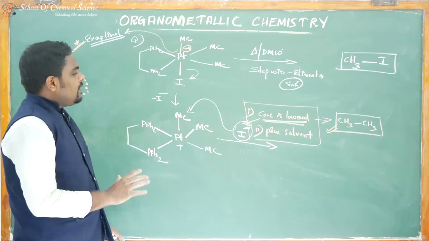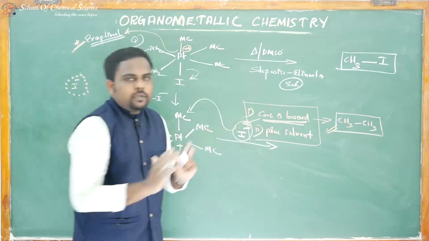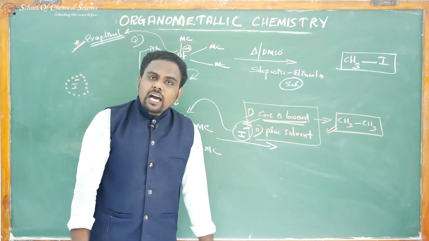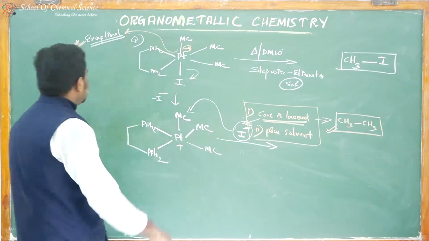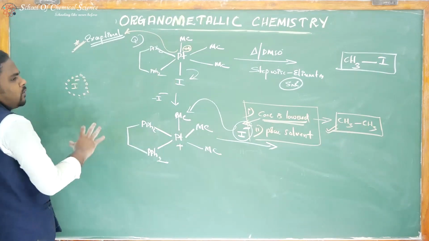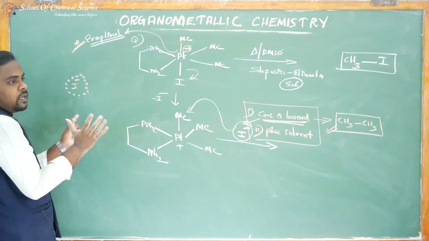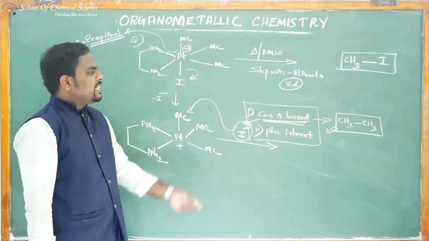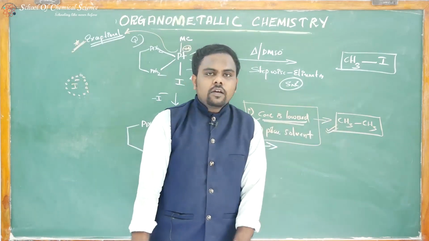But if the eliminated I minus is trapped, for example if you are using a polar solvent, the I minus is heavily solvated, so it is not possible to attack the methyl group. In such cases the usual product will be formed.